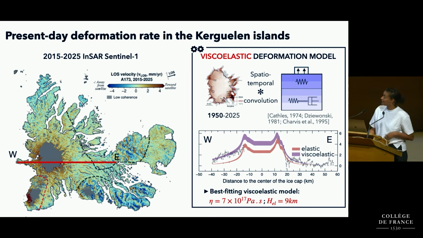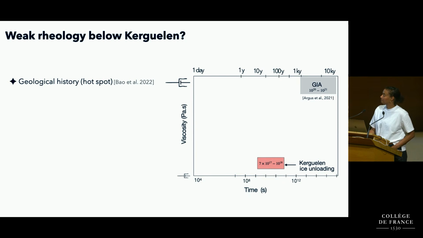But in fact, we can move to a viscoelastic deformation of the Earth and model this as a viscoelastic deformation. And our best fitting model here better predicts the observation, as you can see in purple, but has viscosity values that are very low, an apparent viscosity of 7 times 10 to the 17 Pascal seconds for 50 years, for 70 years of historical ice mass change, and an elastic thickness that is very low as well.